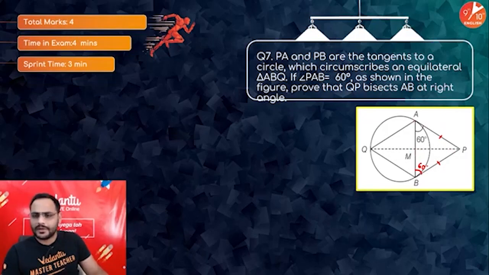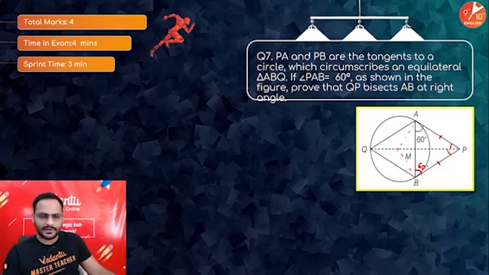Also we know that these two triangles are going to be congruent. These two angles are equal, we have proved it already. If I join it with the center, you all know that these two angles are also equal. Okay? Not writing it again and again, we have done it.